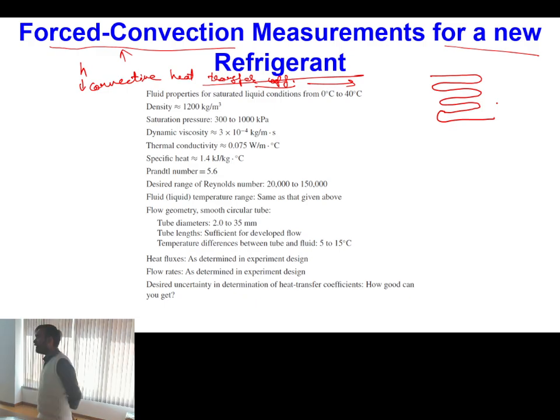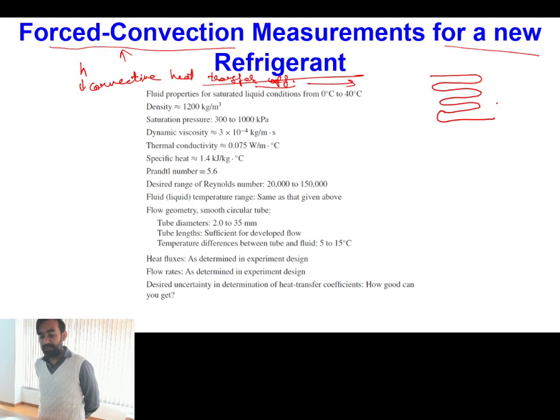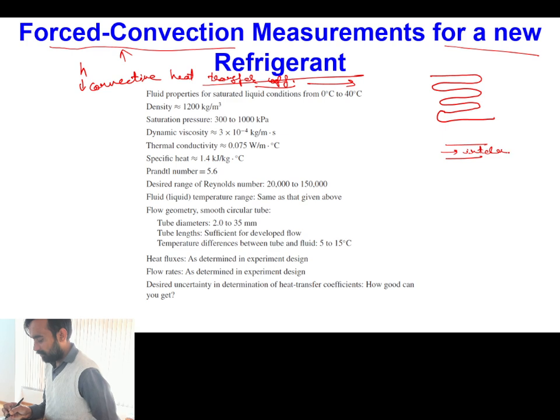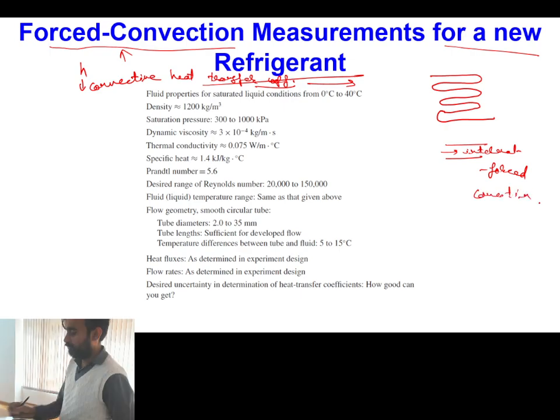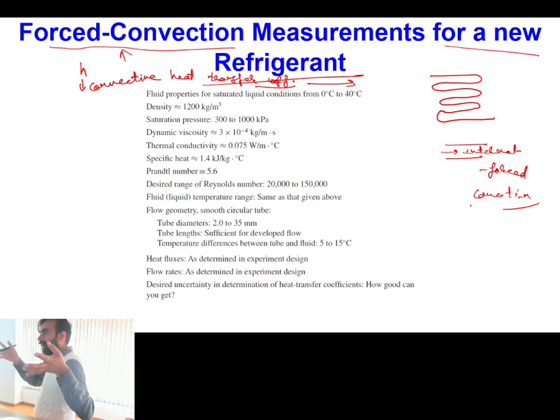So ultimately the physical situation we need to consider is that we have to study internal forced convection. Is this point clear? So we have to study internal forced convection, and whatever setup we develop, we have to keep in mind that we are developing it for internal forced convection.